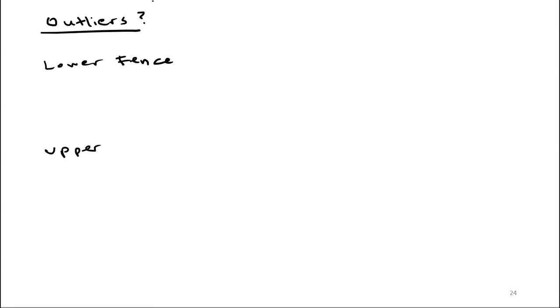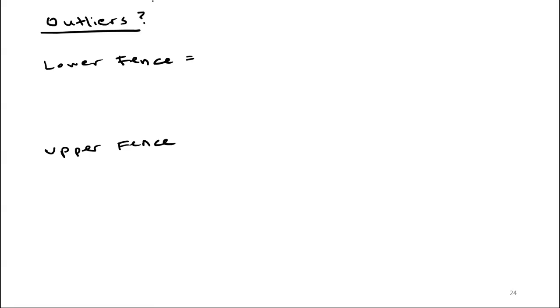So outliers. Again, I would write this down if I were you. So what are outliers? That's the number that's going to mess up your data. You're going to have what's called the lower fence, and then you're going to have what's called the upper fence.